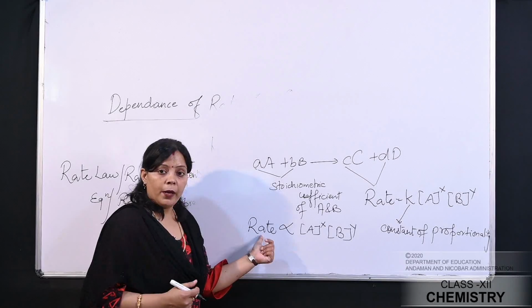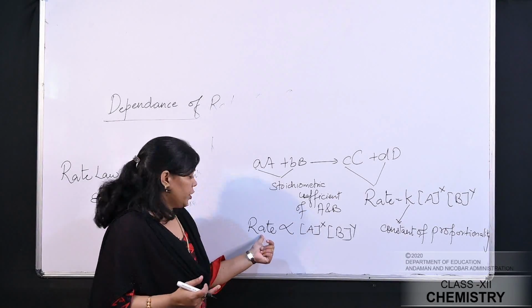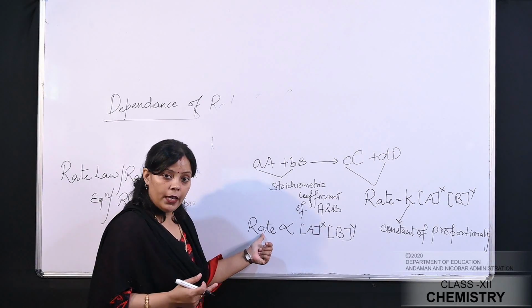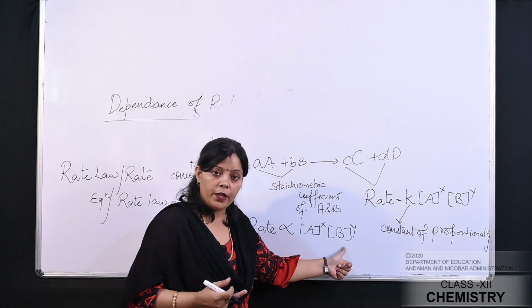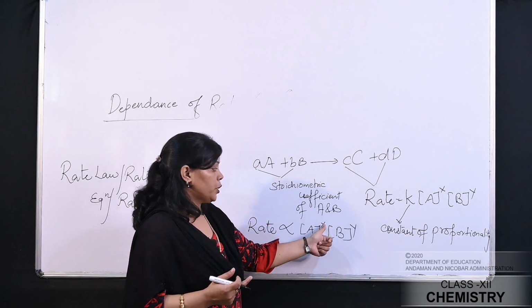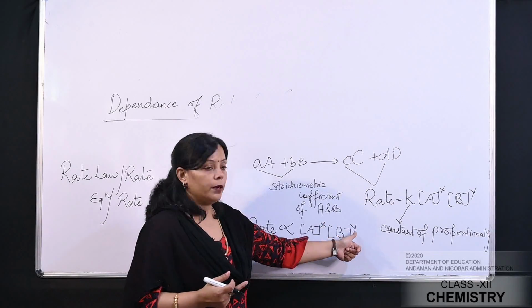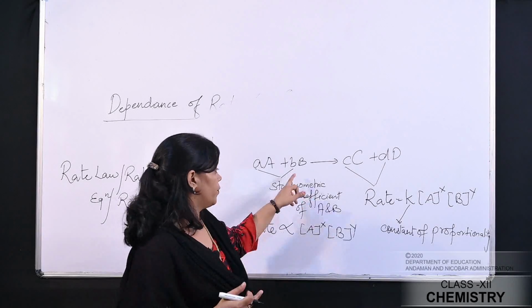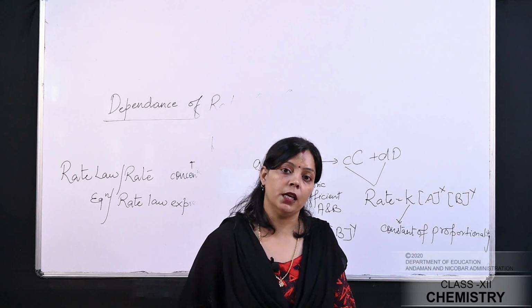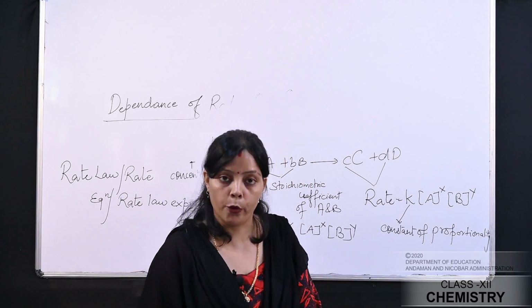I am again repeating this definition: the rate of the reaction is given in terms of the molar concentration of the reactant with each term raised to some power, and this power may or may not be equal to the stoichiometric coefficient of the reactants present in a balanced chemical equation.